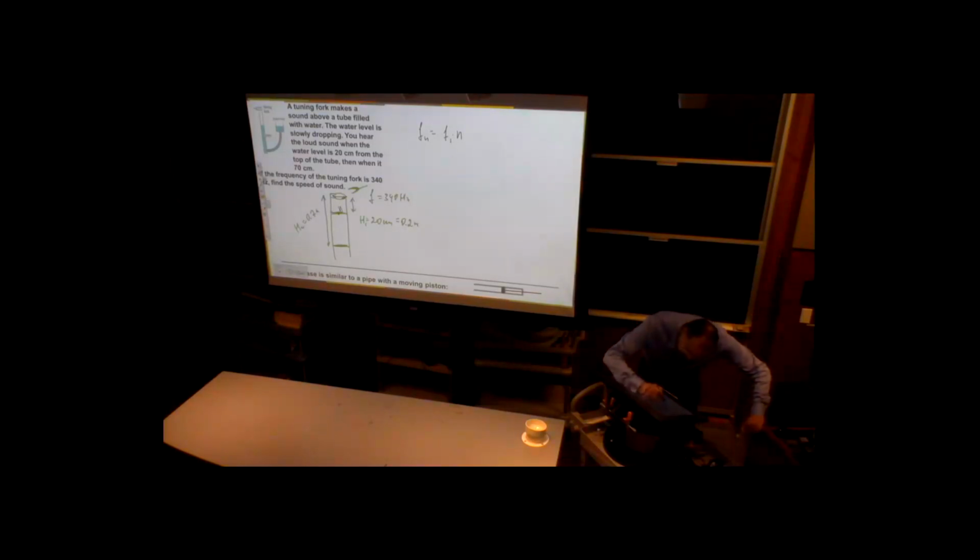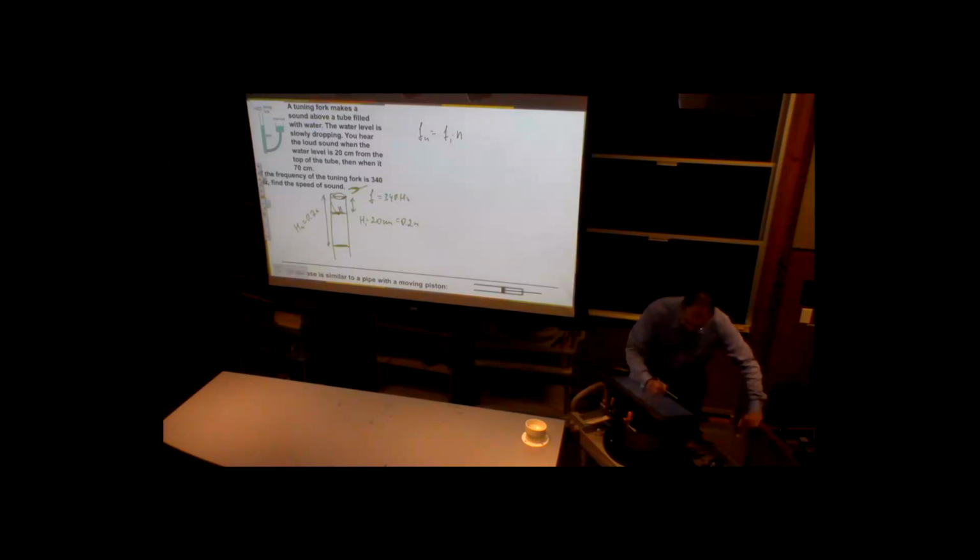Set of equations, well, first of all, Fn equals F1 times n. Well, we don't really need it, probably. Now, that's a node. So a standing wave can be presented by a rope-like profile like this: an antinode, a node.